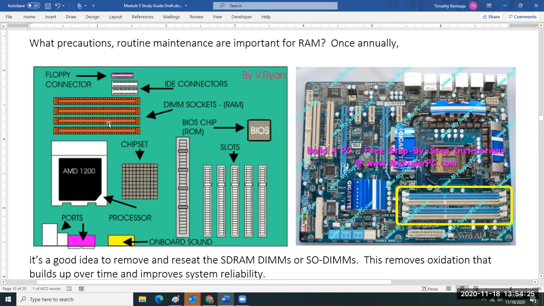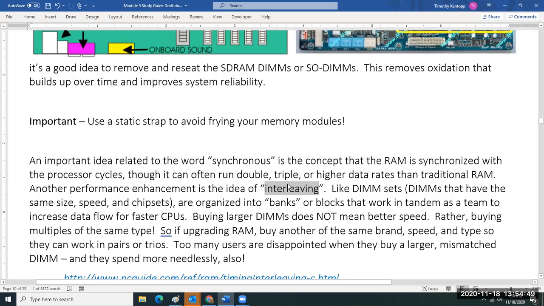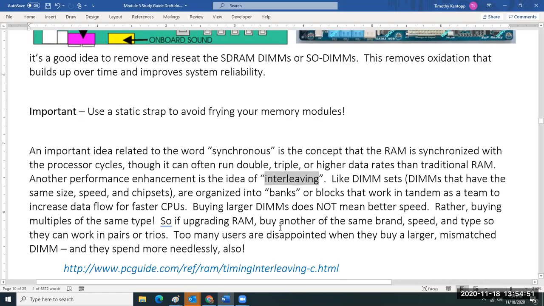If you have multiples of 3, like 6 slots or 9 slots, then you triple them together. Then you triple the performance, right? But you have to have 3 of them. And when you add an extra one and you break that triplet or pair, you no longer have this interleaving, okay?